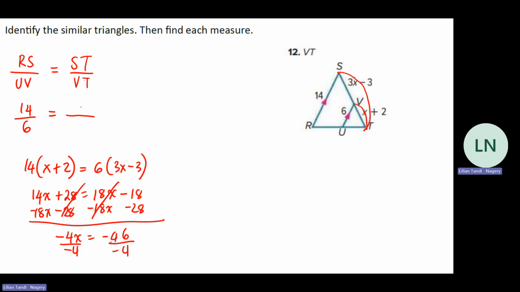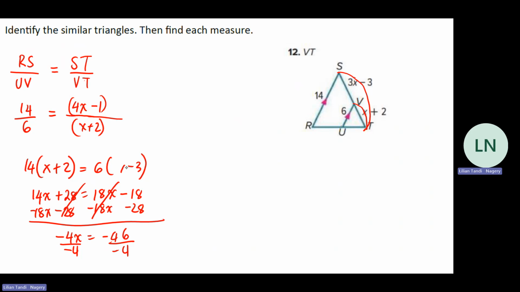Now, ST will be 3x plus x, which is 4x, and negative 3 plus 2, which is negative 1. Okay? Then VT will be x plus 2, like that. So this is correct.